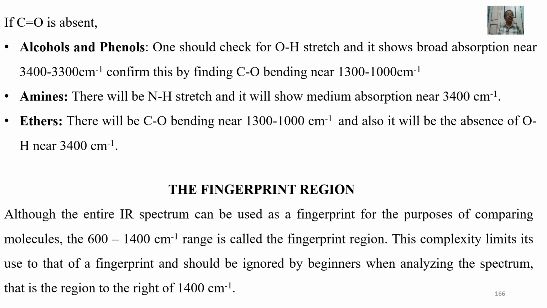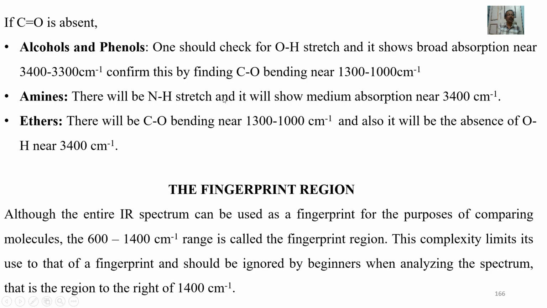If CO is absent, for alcohols and phenols, one should check for OH stretch, and it shows broad absorption near 3400 to 3300 per centimeter. Confirm this by finding CO bending near 1300 to 1000 per centimeter.